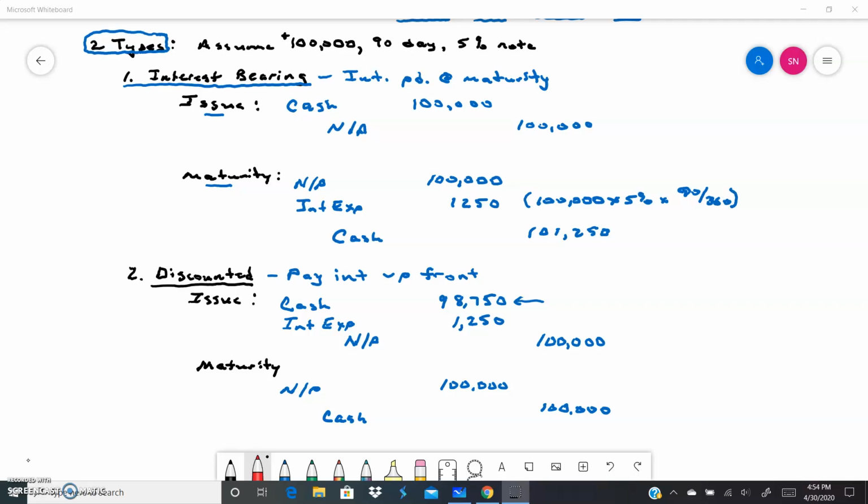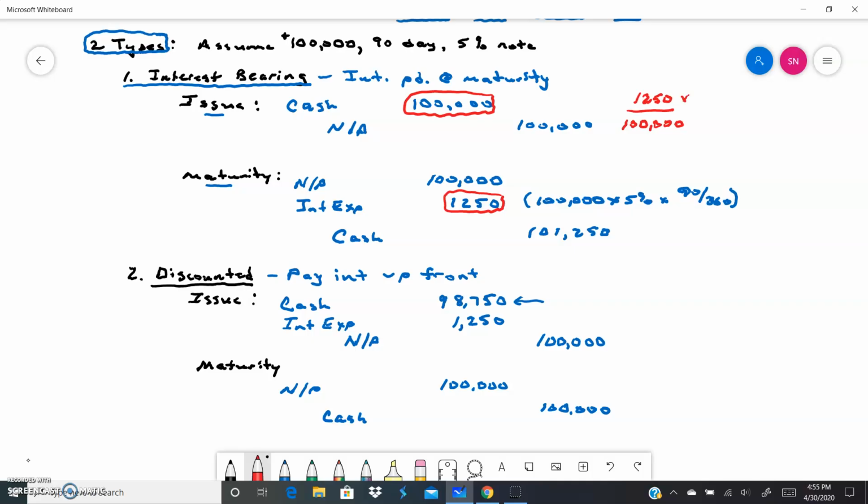Okay, so in this particular case, in an interest-bearing note, we had the use of $100,000 of cash, and we ended up paying $1,250 of interest expense. And again, remember that was just for 1/4 of the year.